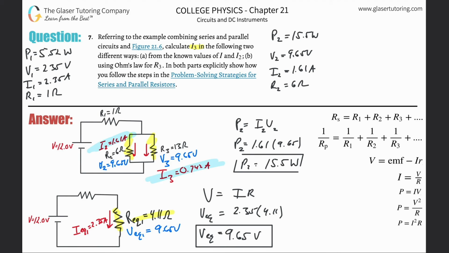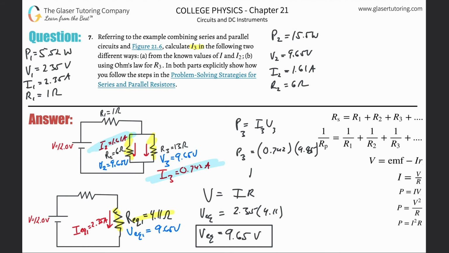Okay. Now let's do the same thing for number 3. Let's just erase this and write everything down. So this is 3, 3, 3. And P3 is going to be equal to I3, which is 0.742, sorry, multiplied by V, which was the 9.65.